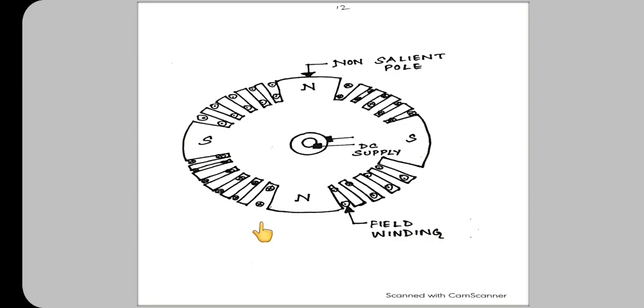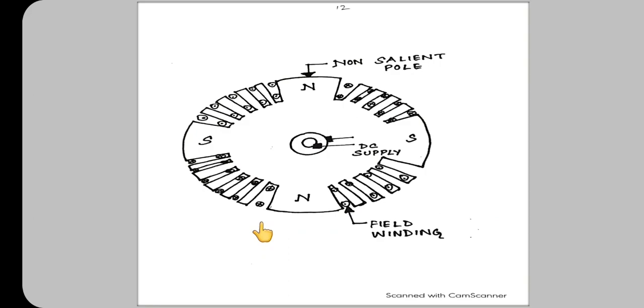The flux distribution around the periphery is nearly a sine wave and hence a better EMF waveform is obtained than in the case of salient pole type rotors. Since steam turbines run at very high speed and a frequency of 50 Hz is required, we need a small number of poles on the rotor of high speed alternators. These alternators are also called turbo alternators.